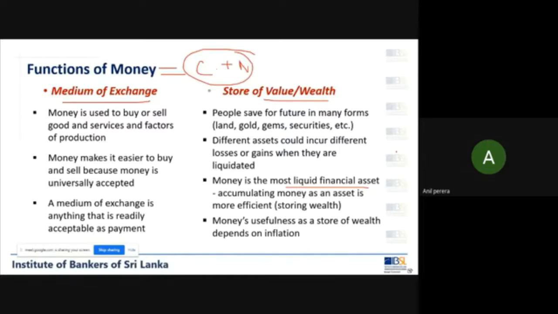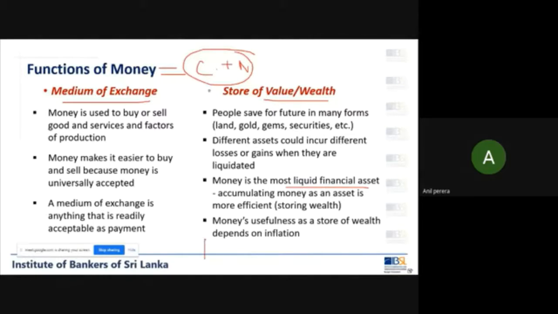But the things you can do with that 1,000 rupee note is different to the present day, because by that time the prices in the economy may have changed, so that has changed the purchasing power of money.